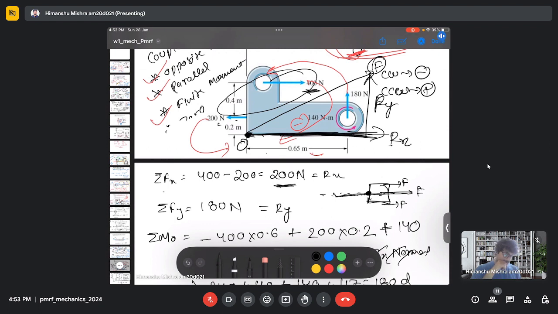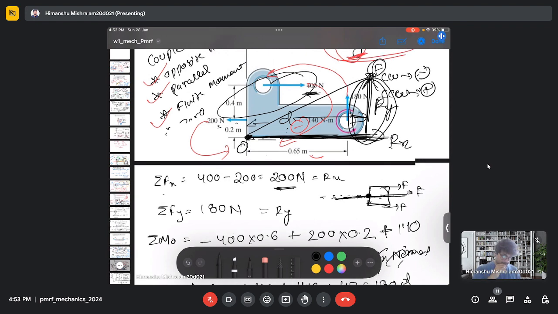The Rx will always be along the x-axis, and Ry is always along the y-axis or parallel to it. Now we need to find the distance of this component of force, which is D, from the origin O. So we are solving the moment balance equation to calculate this distance.